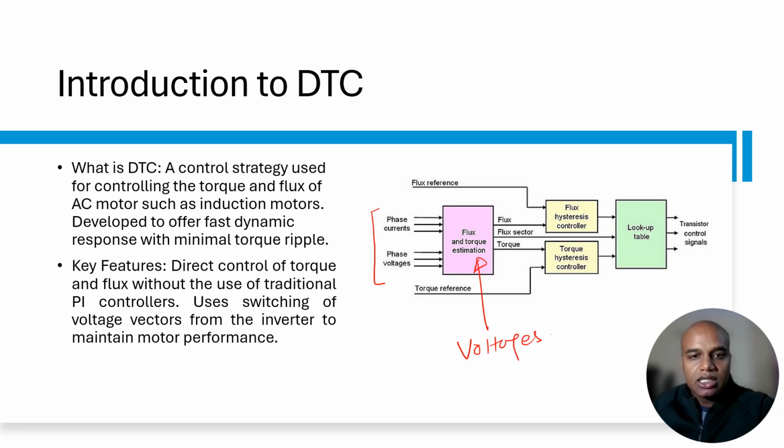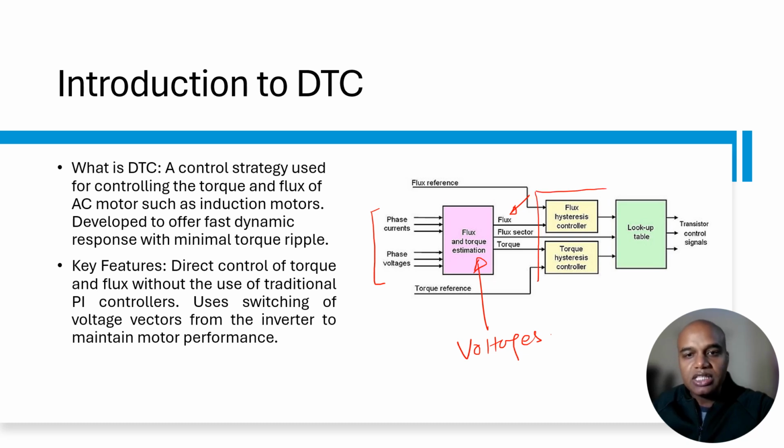Based on that, it creates the error between the reference flux and the reference torque which we need to control, and the error goes into two different controllers.